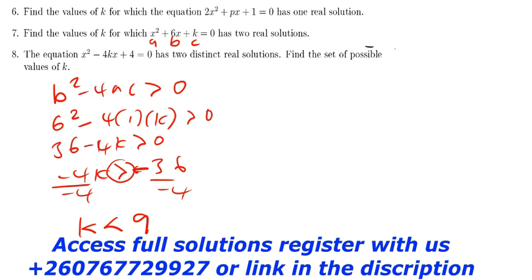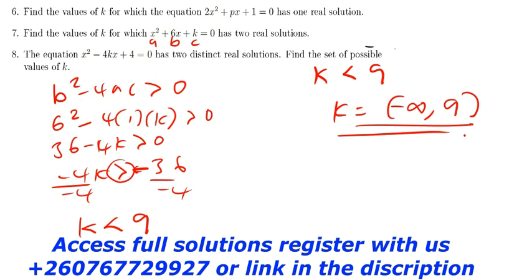Now the question is find the values. So k has to be less than 9. So find the values, it's basically k less than 9. Or we can say k will be from negative infinity to 9.